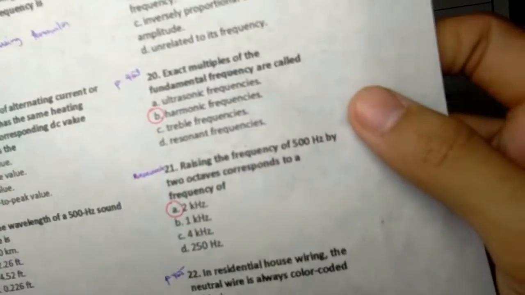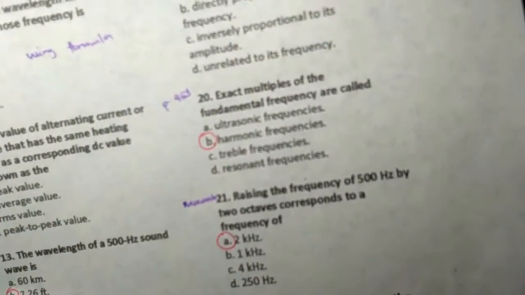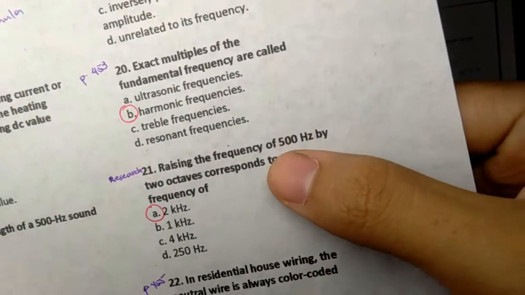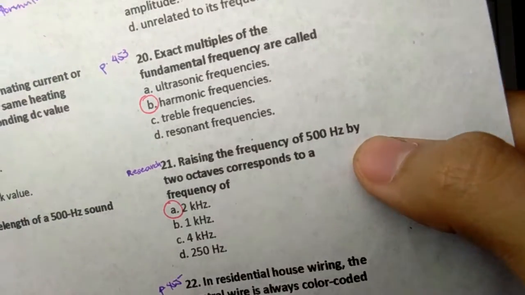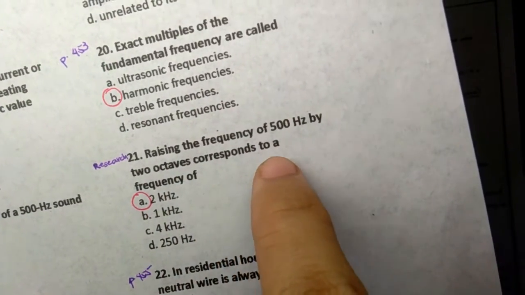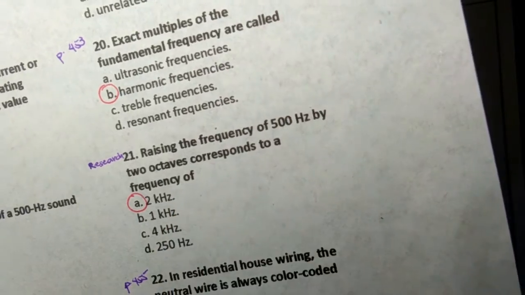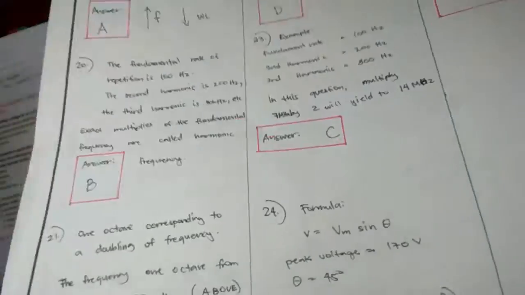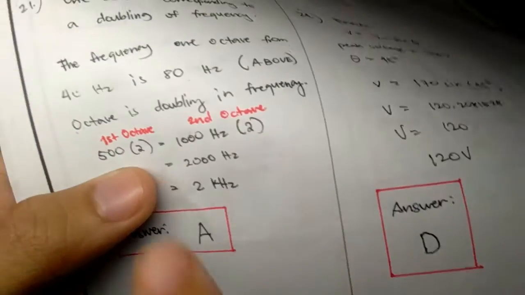Number 21. Raising the frequency of 500 Hz by 2 octaves corresponds to a frequency of blank. Here, the given is 500 Hz.